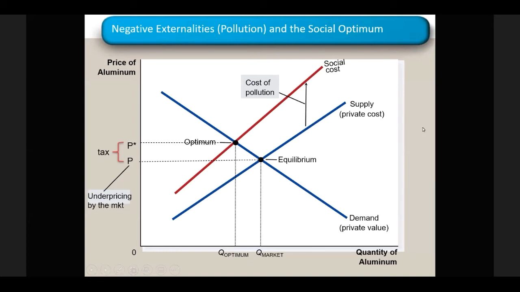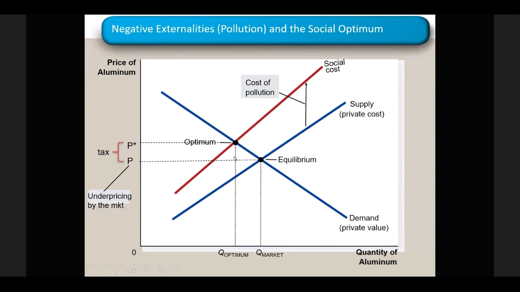And this tax will make it so that the firm will produce Q optimum and charge P, and then if the tax component is added, that will raise the price to P star.